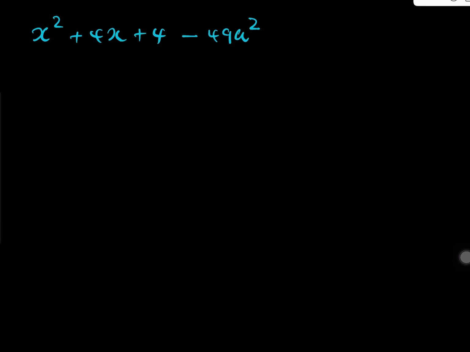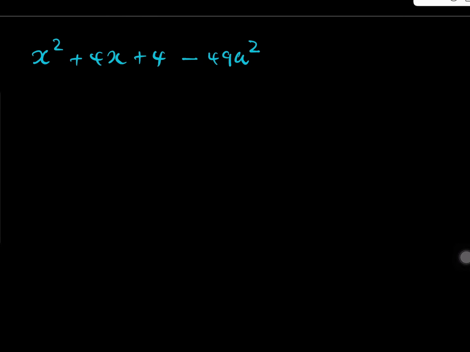Now let's see why I'm bringing this to your attention. Let's say you have x squared plus 4x plus 4, take away maybe 49a squared. What I want you to see is that we have 4 terms here, so you can think of grouping.